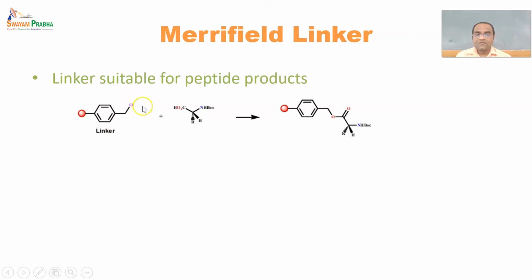This chlorine is removed and forms HCl with this hydrogen, and now there is coupling of this carboxyl terminal, forming an ester. After that there is deprotection. This deprotection is for removing this Boc. Boc is a protecting group, and after removal of this protecting group, the amino group is active for coupling with the next reagent.